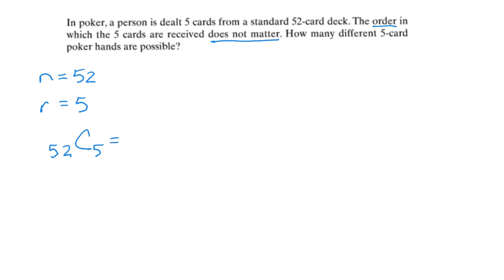And you should get 2598960. Let me put some commas in here so it makes sense. 2,598,960 possible poker hands.